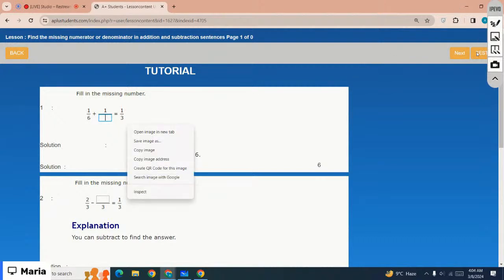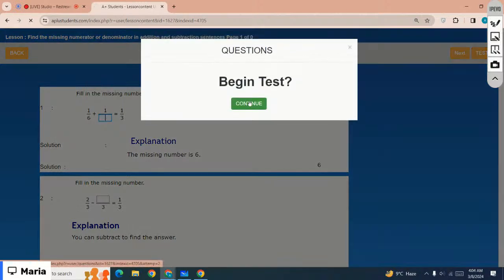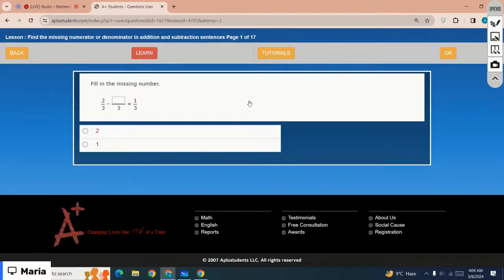Let's start with the test questions. 2 over 3 minus the missing number over 3 equals 1 over 3.